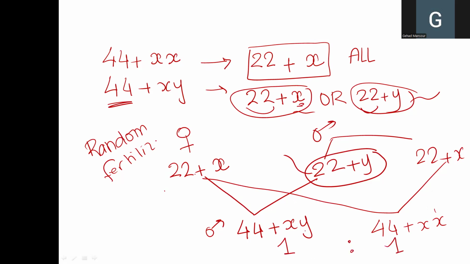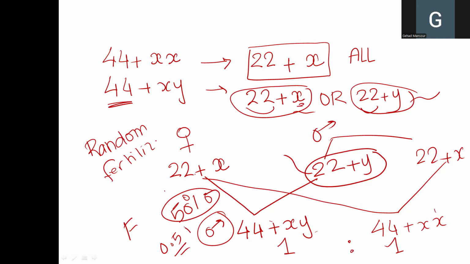There is equal probability that the resultant offspring be a female, XX, or a male, XY. So the probability of having a male is 50%, or 0.5, or half. And the same applies to the female.